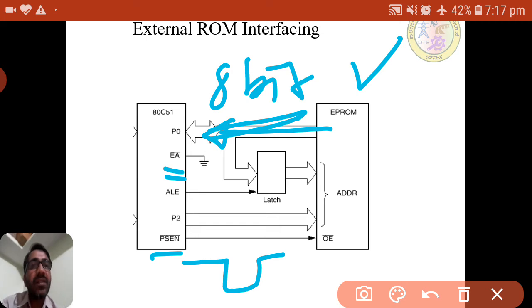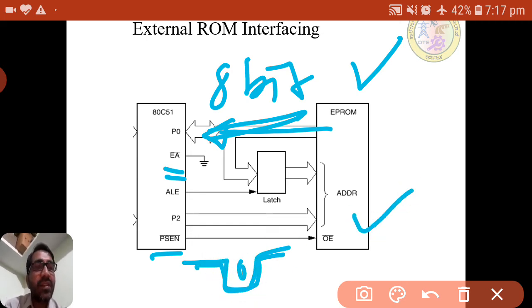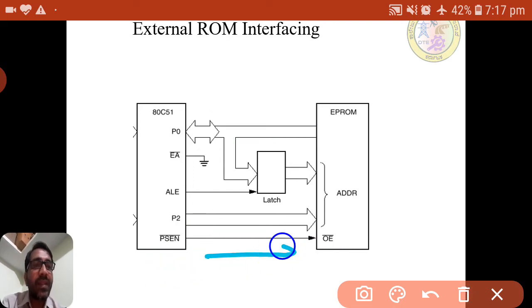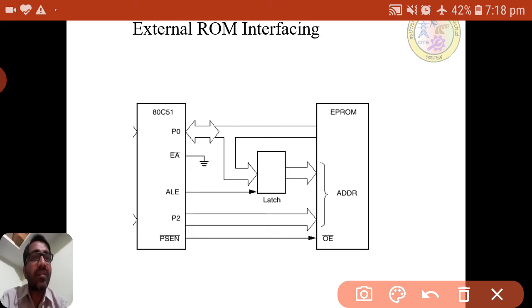Whenever the pulse is generated as low, it is understood that the microcontroller has read the value, and it is ready for the next read. This is used for read. It is generated so that the microcontroller has read properly; we can call it an acknowledge signal. So this is how the interface with the ROM works.